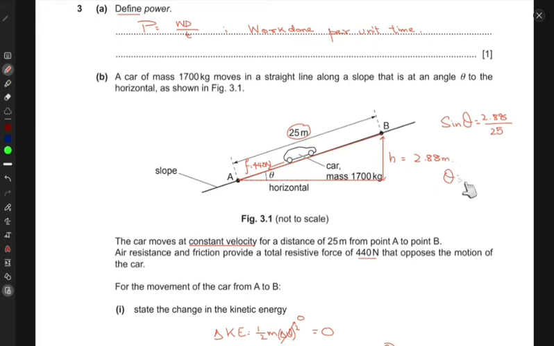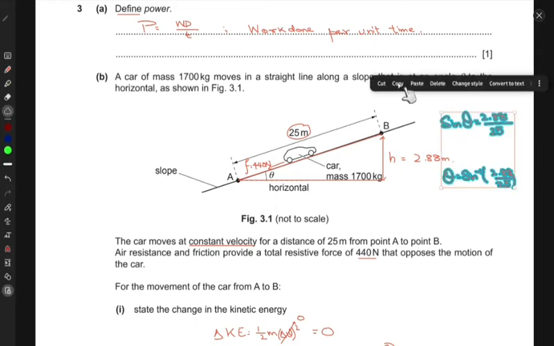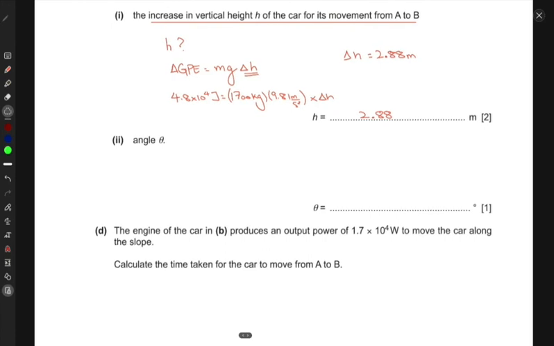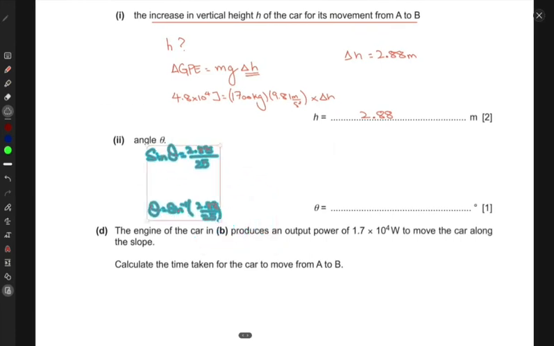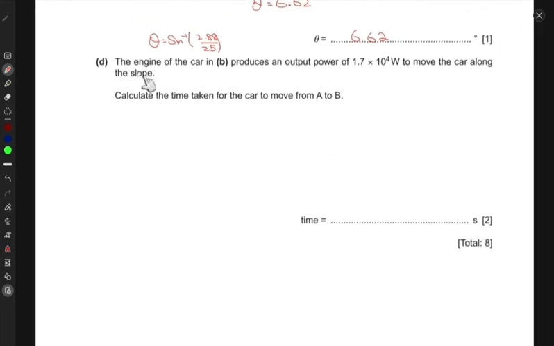From this you can easily compute theta, which is sine inverse of 2.88 over 25. Let's bring that on the next page. If you do the math, this gives you theta as about 6.62 degrees.